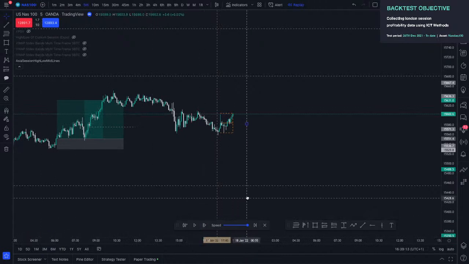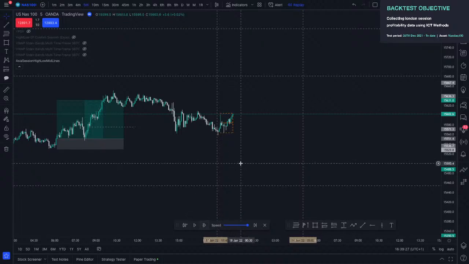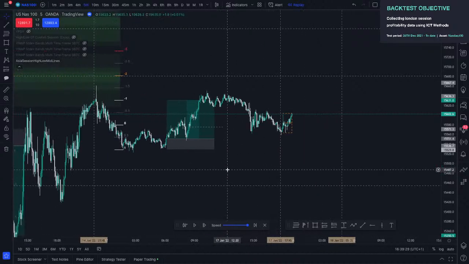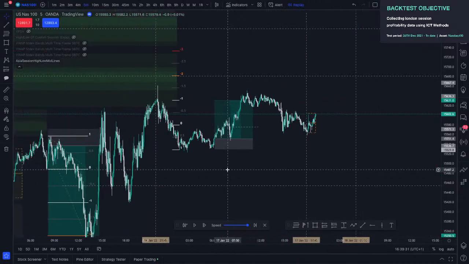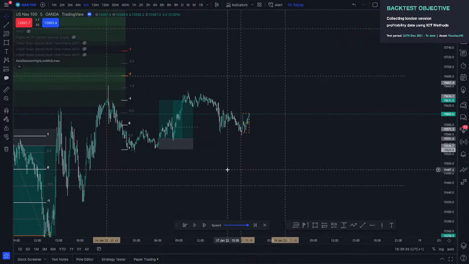Delineate my 5 in the morning. Okay, I'm not sure what my bias is just yet. This is the type of day where I just put my levels up, gauge the direction and scalp it.